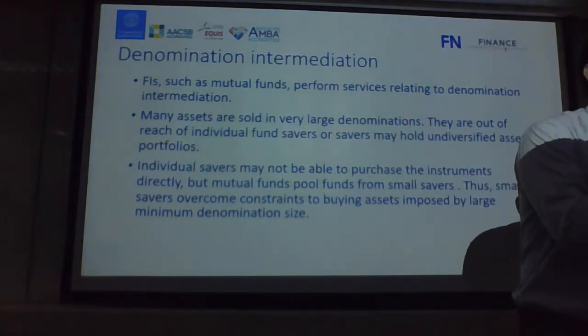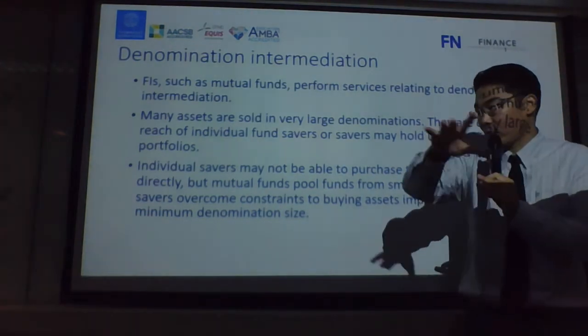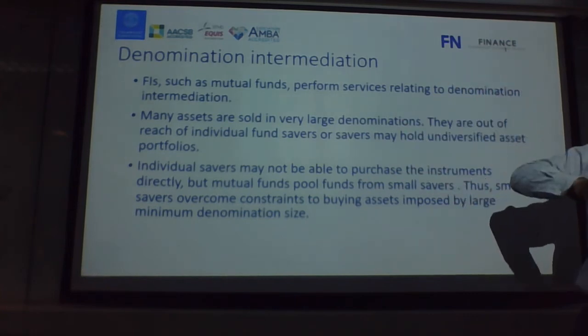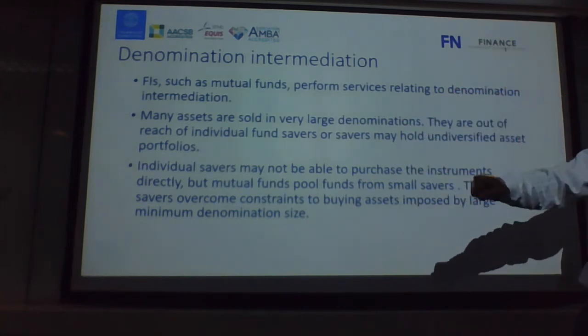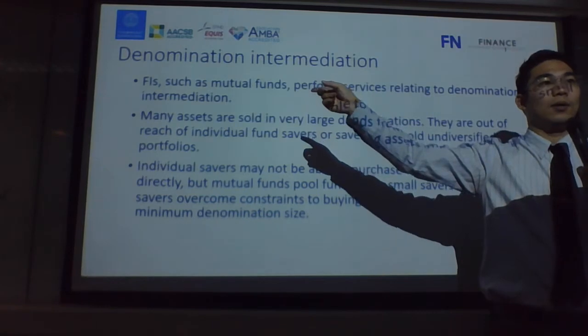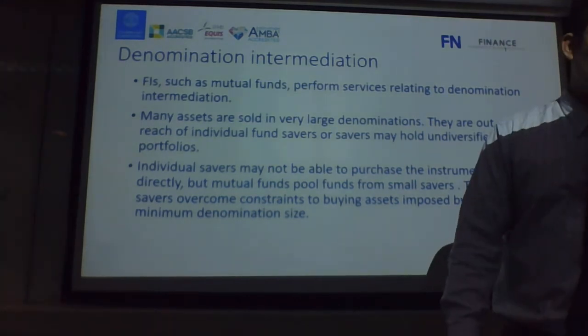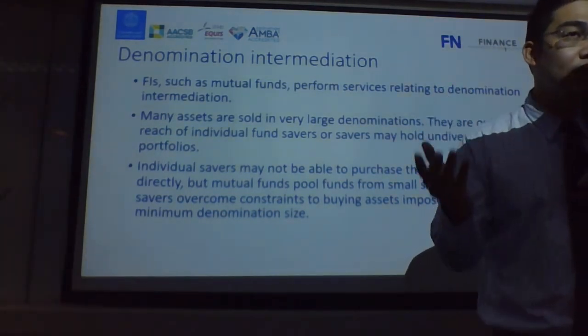So with small money, you can invest in securities with very large denominations. This is the service of the financial institution, especially the mutual fund. A mutual fund is also a financial institution. This is what we call denomination intermediation.